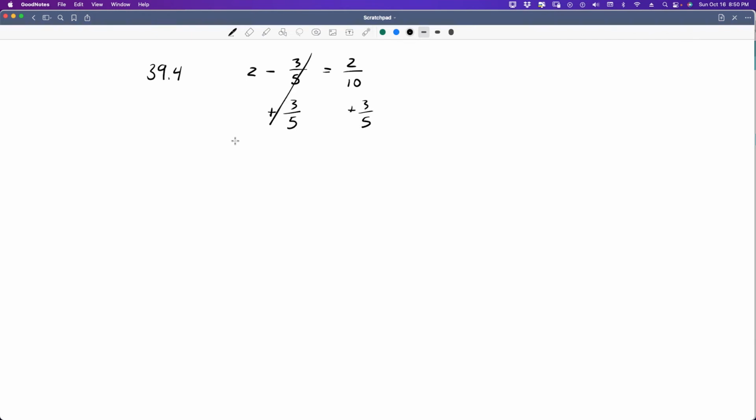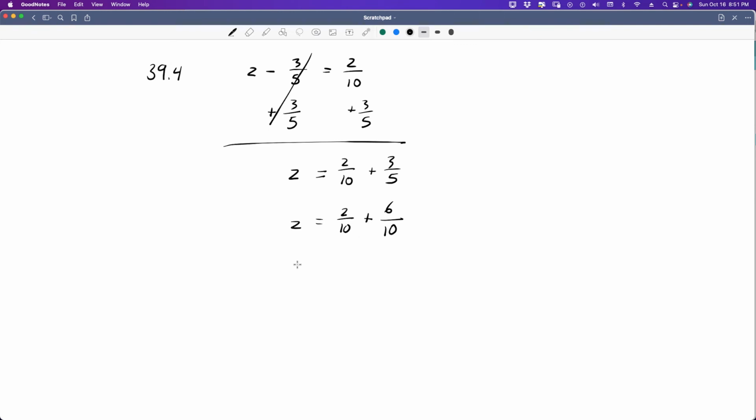So this cancels, and what I end up with is z by itself over here, and 2 over 10 plus 3 over 5. Well, I know that 5 is a factor of 10, and the other factor of 10 is 2. So if I multiply this by 2, I should get a common denominator. So z is equal to 2 over 10 plus 2 times 3 is 6, 2 times 5 is 10.